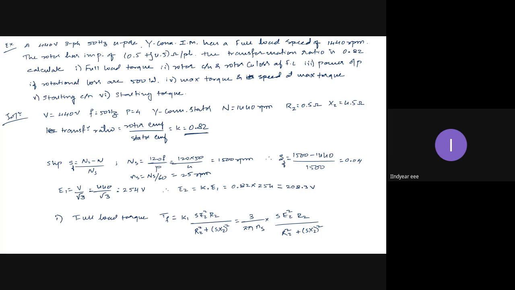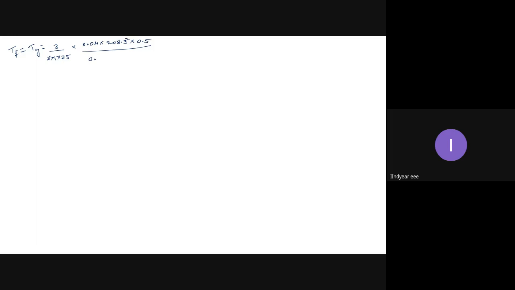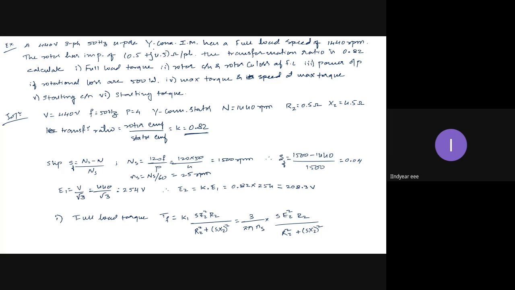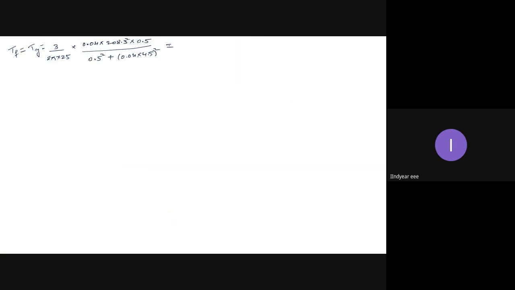Okay. Now 3 divided by 2 pi into 25 into s 0.04 into E2 square, 208.3 square into R2 0.5. R2 is 0.5, right? Divided by R2 square, 0.5 square plus 0.04 into 4.5 its square. X2 is 4.5, right? Now this is equal to TG or TF.